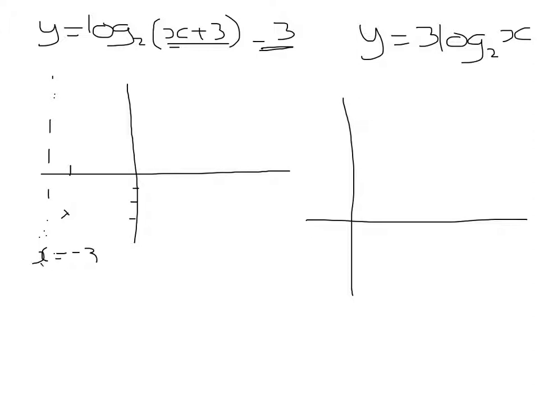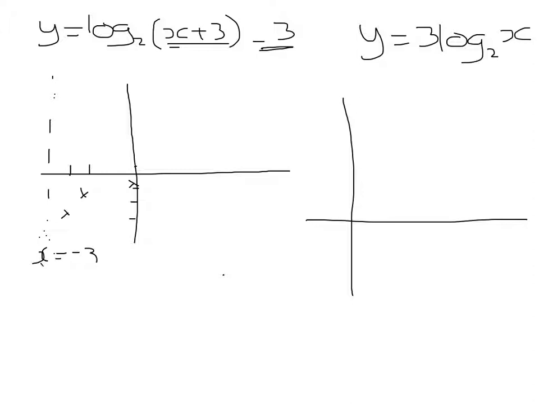When you're a distance of 2 away from the asymptote, it would normally be 1, but 1 minus 3 is negative 2. A distance of 4 away from the asymptote, when x equals 0, would normally be y equals 2, but 2 minus 3 is negative 1, so it's now going to be negative 1.